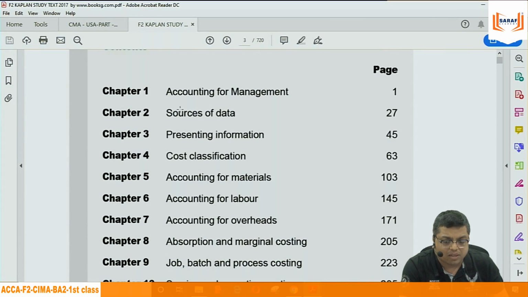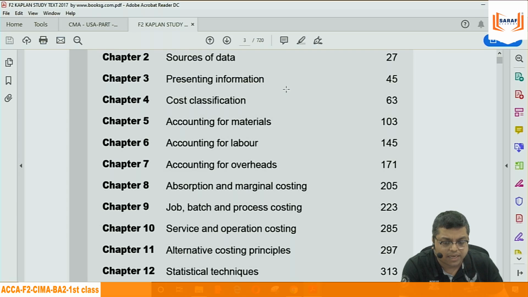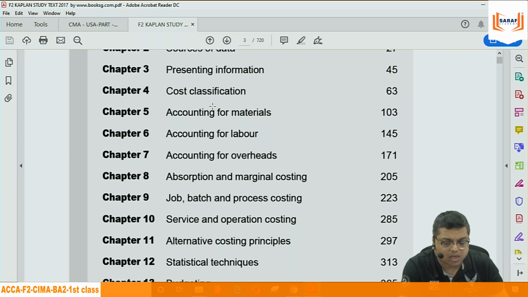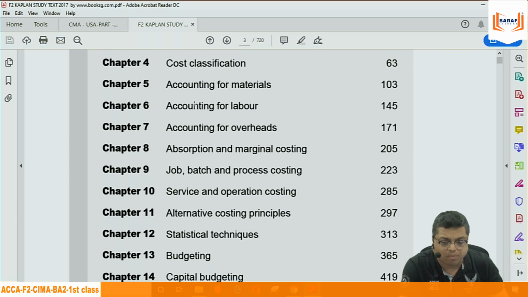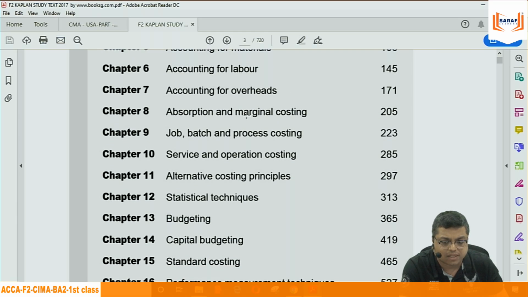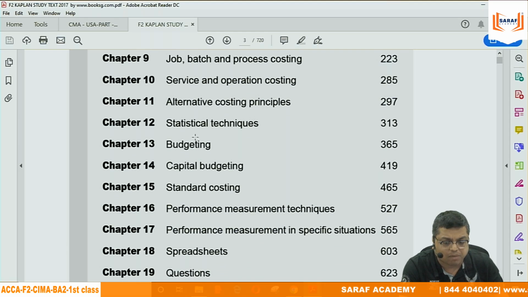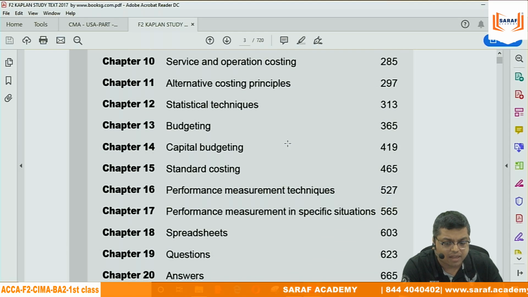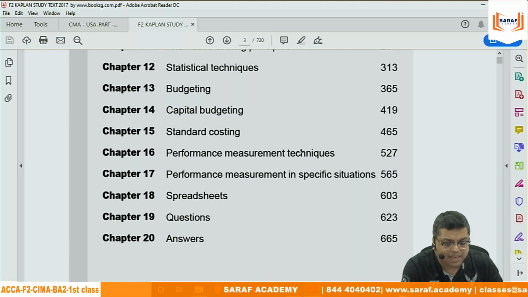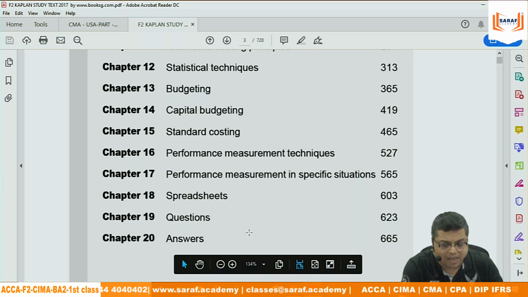Accounting for management, source of data, presentation of information, cost classification, accounting for material, labor, overheads, absorption and marginal costing, job batch process costing, service and operating costing, alternative costing principles, statistical technique, budgeting, capital budgeting, standard costing, performance measurement technique, performance measurement in specific situations, spreadsheets, questions and answers.